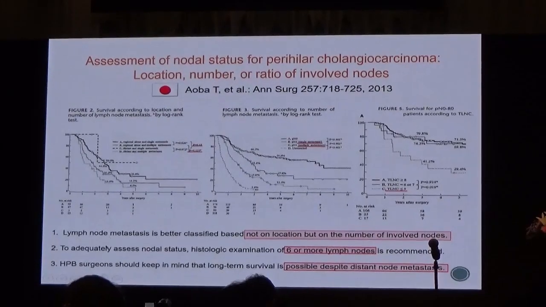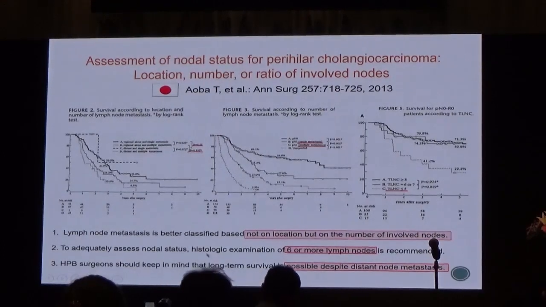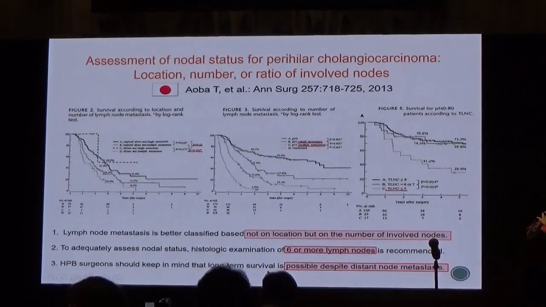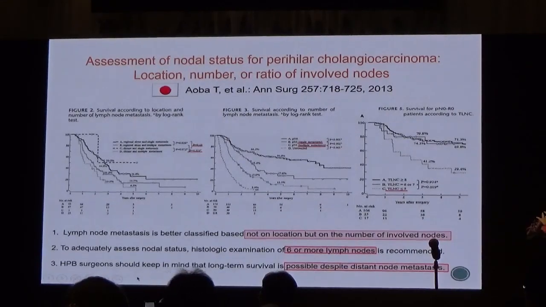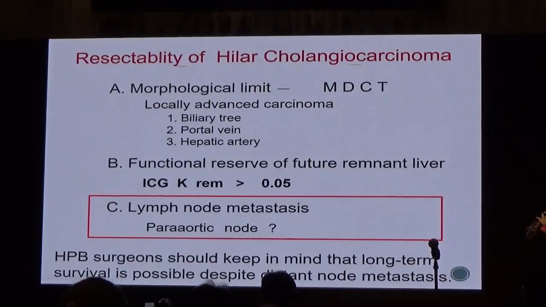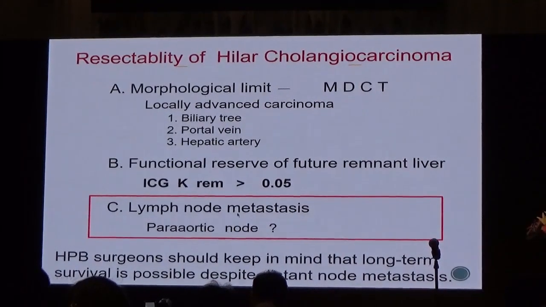We would advise that, to assess the nodal status, histological examination of 6 or more lymph nodes should be performed. Our HPB surgeons should keep in mind that long-term survival is possible despite distant node metastases. So this is the summary of the second part on lymph node metastasis.